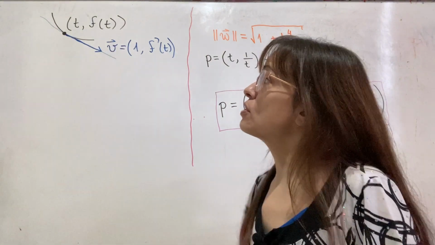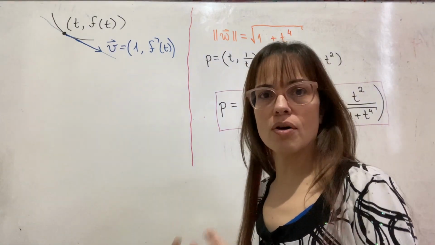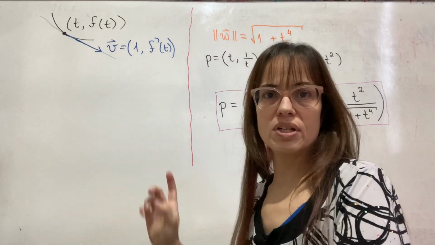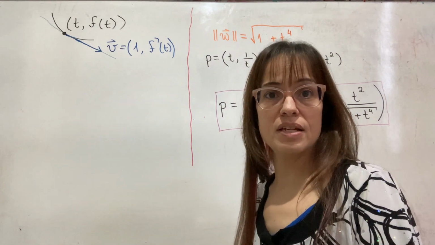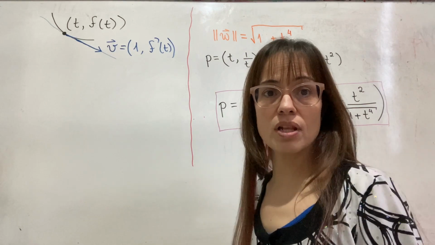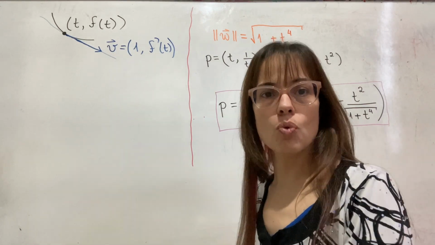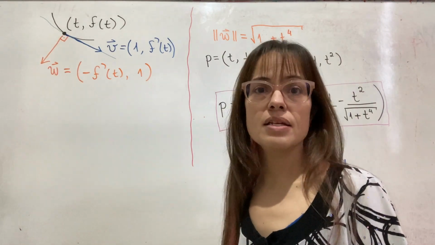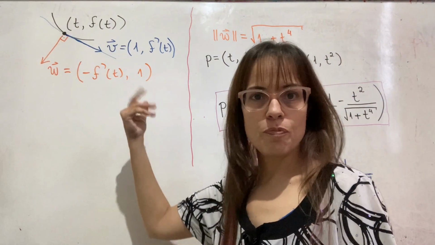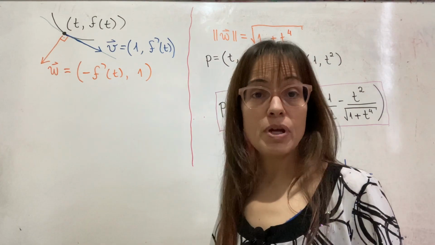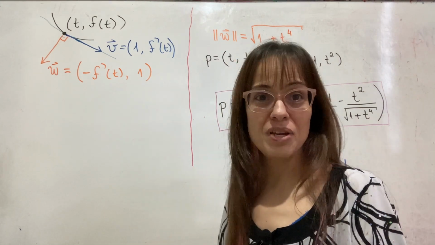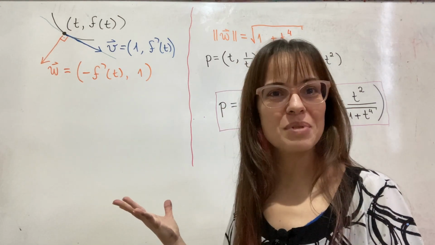So that black thing over there is a little bit of a curve, the graph of a function f of x. So the highlighted point there is t and f of t. It has a tangent line with direction vector 1 and f prime of t. Perpendicular to that is a vector negative f prime t and 1, where, like I mentioned before, I did not do the 1 over slope thing because the slope might be 0 sometimes.